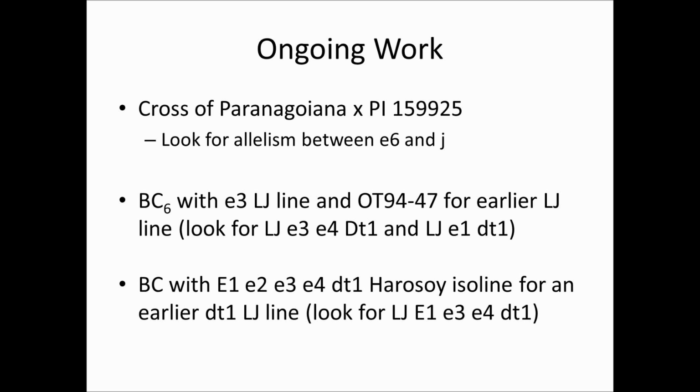I also have a plant, a backcross 6 with an E3 long juvenile line, to see if I can get it in an even earlier background. So I'm going to be looking for a long juvenile response in a little E3, little E4 one.